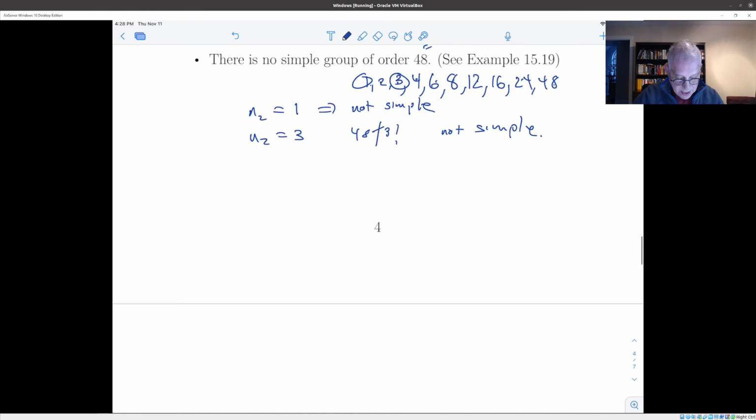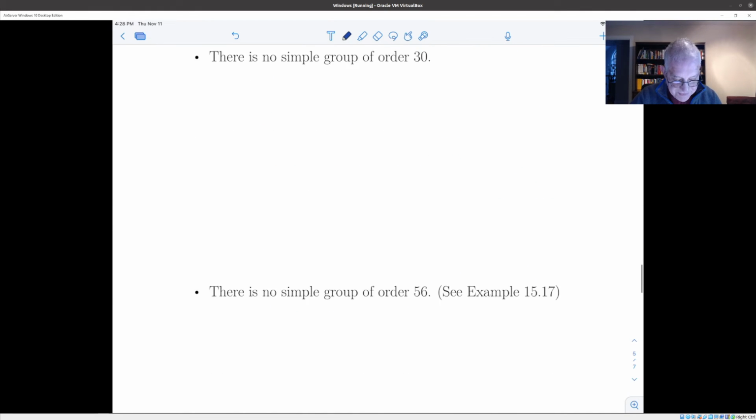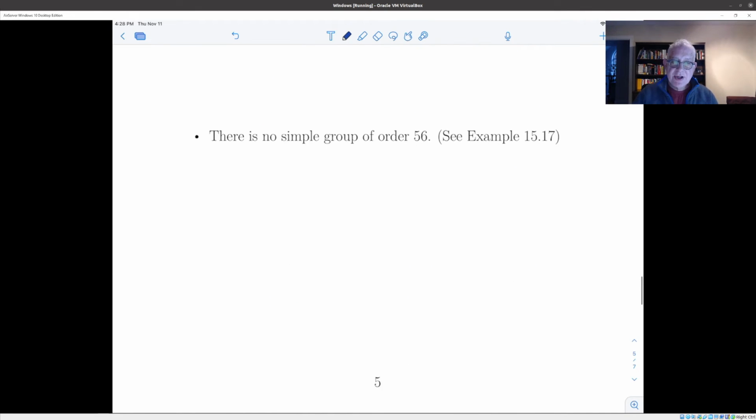Okay, what about 56? I'm going to come back to 30. That's the hardest one. So 56, there's a proof in the text, and it goes like this. Let's look at n_7. The divisors of 56 are 1, 2, 4, 7, 8, 14, 28, and 56.